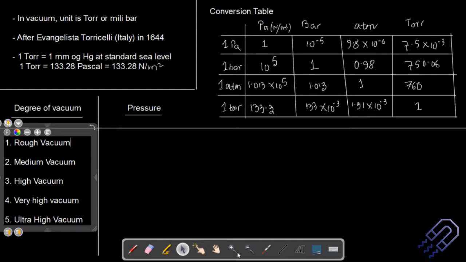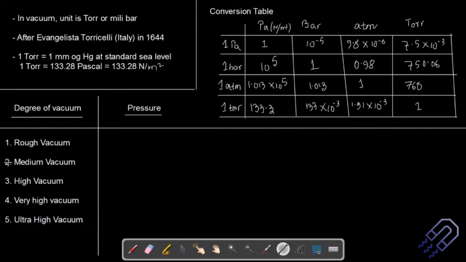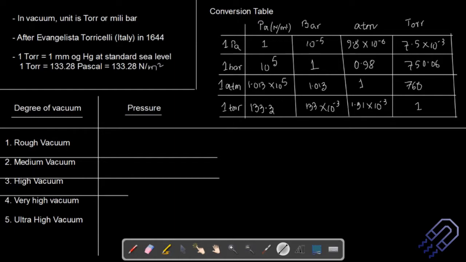Okay, and let's try to write down some values for them, under what pressure we have that. I will need some space to write it, so I'll just make the table this way. For rough vacuum I will write it in different units.